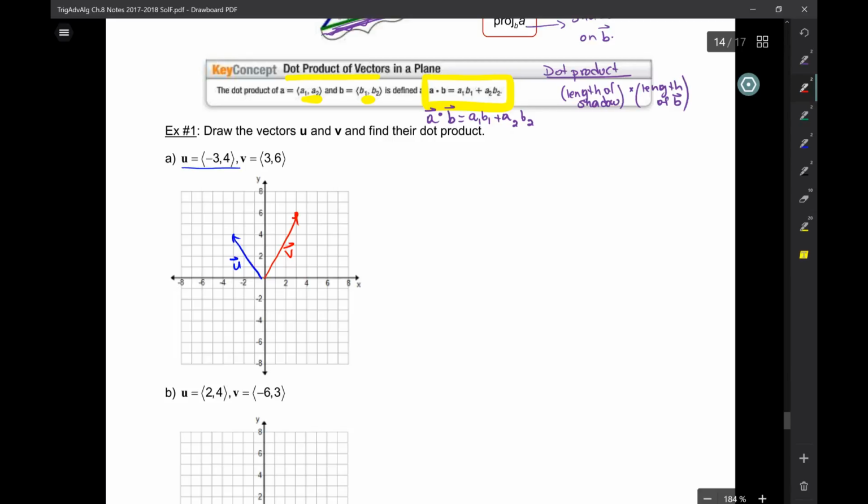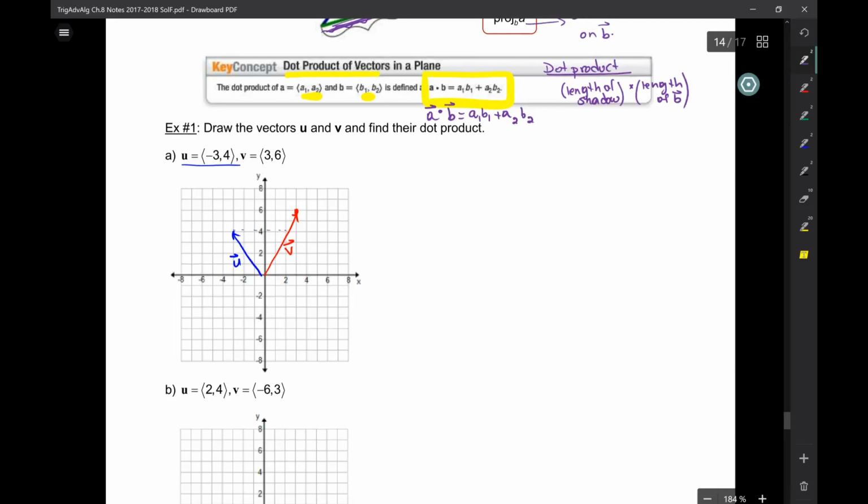If I want the dot product, that will be the shadow that U casts on V times the length of V. And the way I do it, U dot V, I take the first ones, -3 times 3, plus the second ones, 4 times 6.